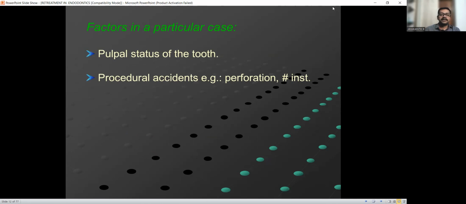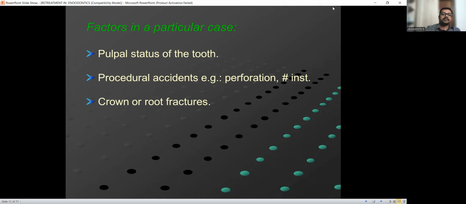Then procedural accidents like perforation and instrument separation also affect particular cases, especially in teeth which are very difficult to treat. This factor is very crucial. Then crown or root fractures.